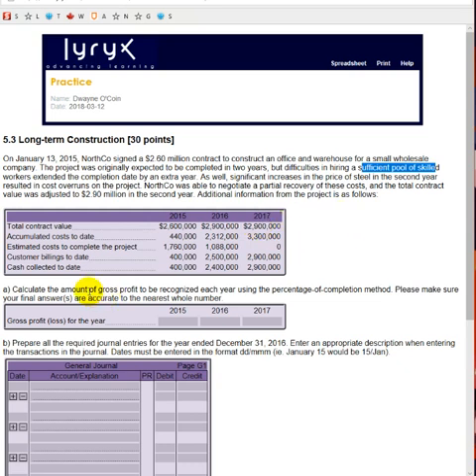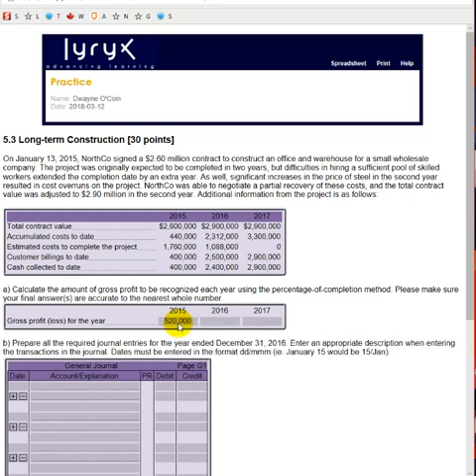So, first question, calculate the amount of gross profit to be recognized each year using the percentage of completion method. In the first year, our gross profit is going to be determined by the amount of revenue. We have 440 out of a total cost, so we're taking the percentage of cost, 440 divided by 440 plus 1760, and multiplying that by 2.6 million.